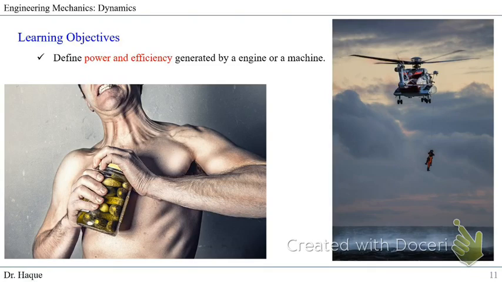This is one example. In the image on the right, you see a rescue chopper, and if you are asked to design a motor that will pull the man up to the chopper, you need to think, okay, how fast am I going to pull him?